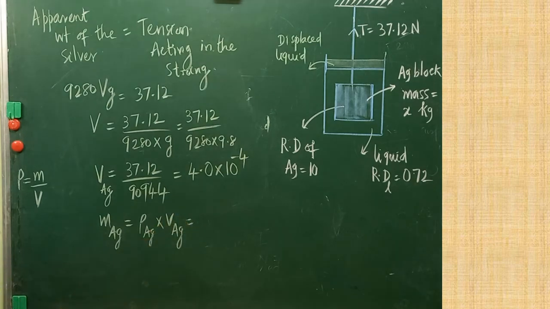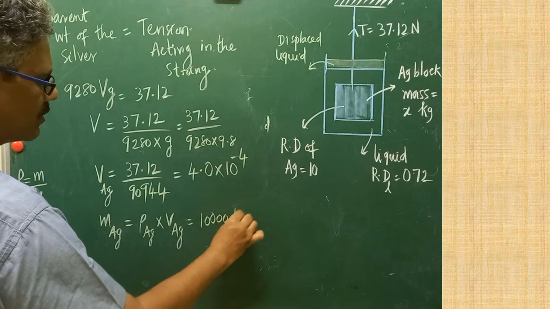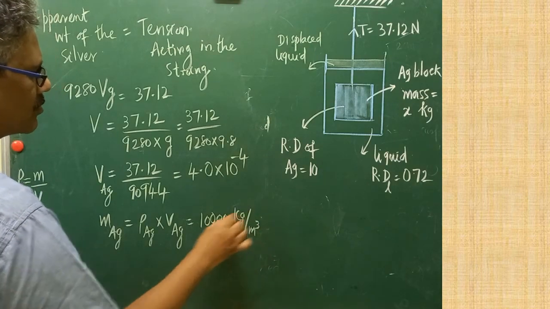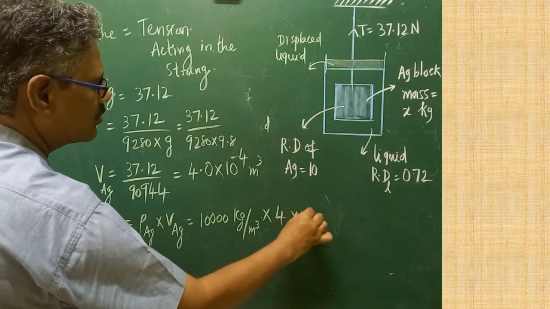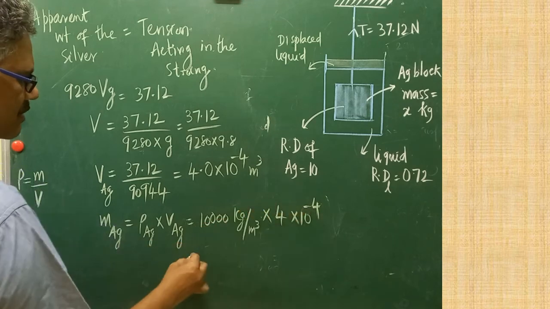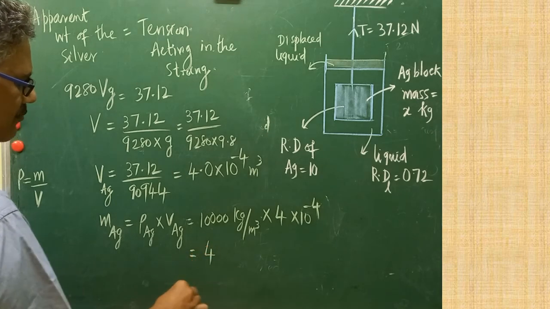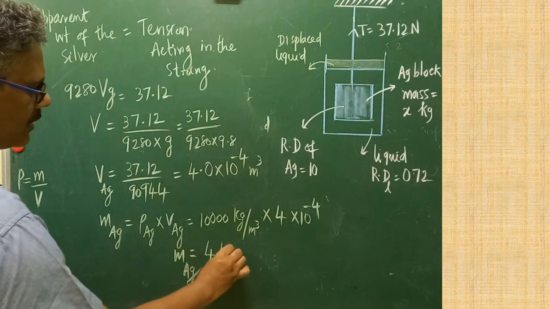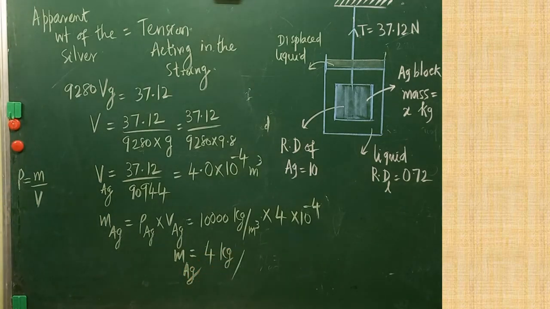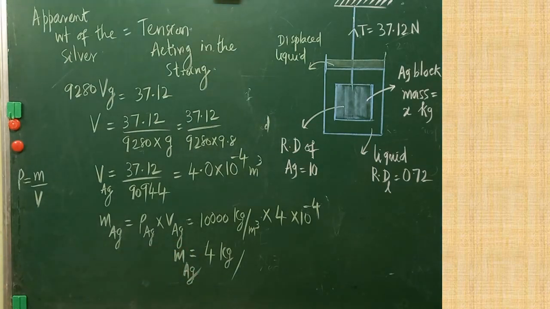Rho of Ag was already found, that is 10,000 kg per meter cube, into 4 into 10 to the power of minus 4 meter cube. Here 10 to the power of 4 is there, here 10 to the power of minus 4 is there, both can be cancelled. So finally you will be getting 4. So the mass of the Ag block is 4 kg. Are you clear? By using Archimedes principle, we have found out the mass of the Ag. Okay, very wonderful problem.